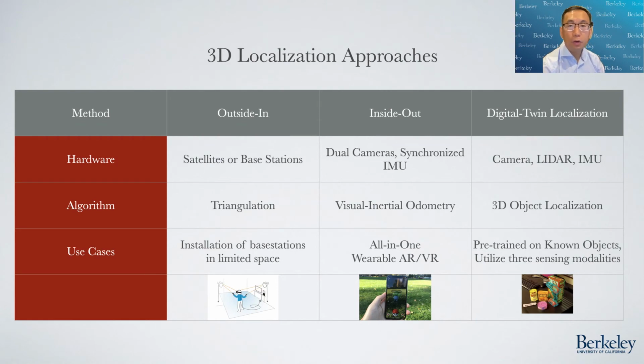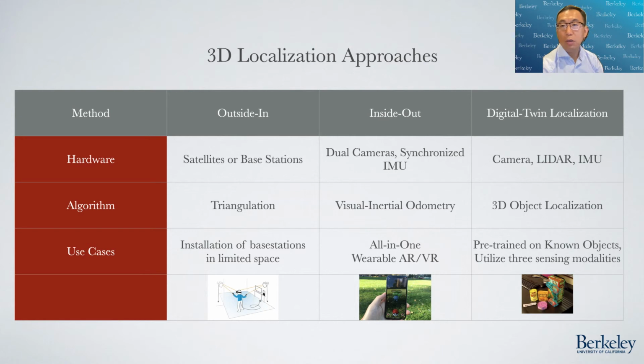Of course, visual inertial odometry is not the only way to offer precise 3D localization. There are three primary approaches. The first one is called outside-in, which is similar to localization using GPS satellites. More generally, if you have set up some base stations that can provide periodic signals where you may scan for their timing and strength on your device, then you may infer your own localization based on the technology called triangulation.